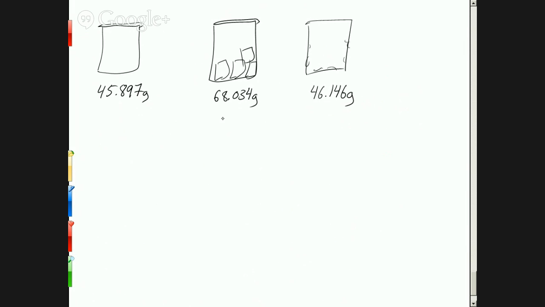Okay, so we'll call these A, B, and C. So B minus A is going to be the total ice that was weighed out. Because you have the mass of your empty beaker, and whatever you put in there, that's the extra mass. But then you dumped it into another container, so we need another term to see how much was in the new container.